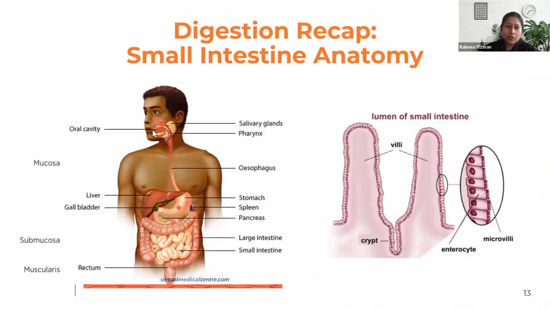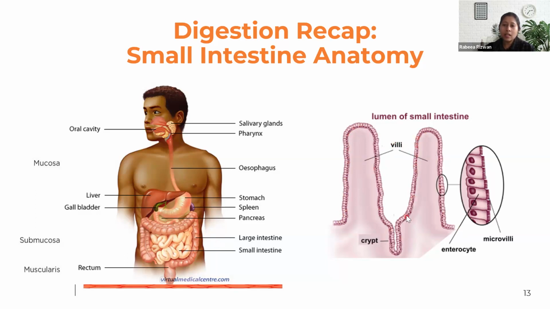If we observe in which part of our digestive system food is absorbed, it is actually the small intestine, because it has a large surface area. This is the reason most of the absorption of our food takes place here. When we see it under the microscope, another reason we find is that it has finger-like projections inside its lumen called villi or microvilli.